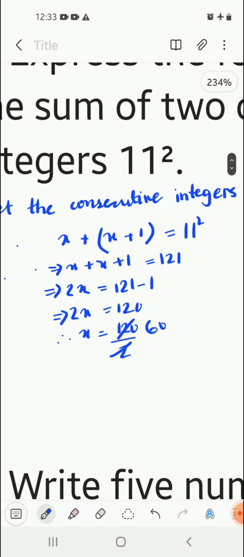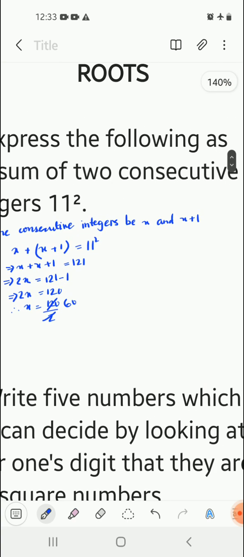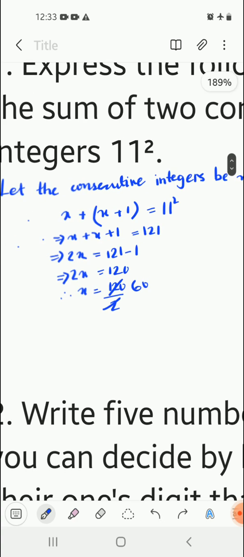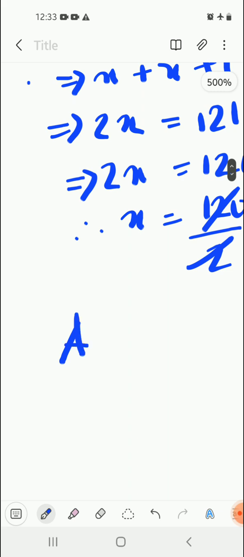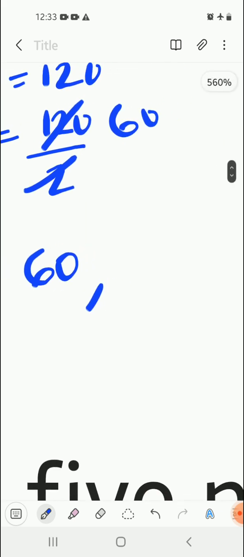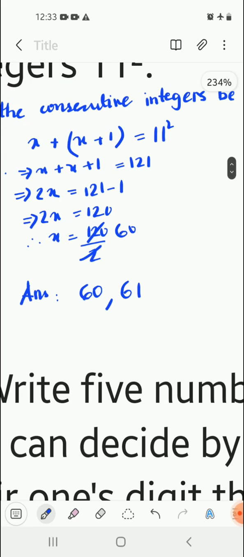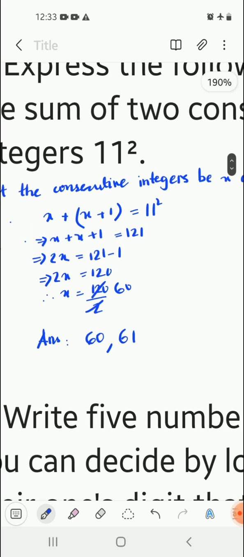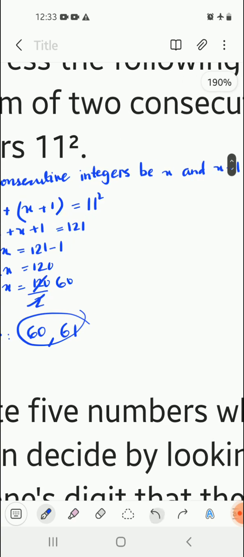So the first number is 60 and the second number is x plus 1, so x plus 1 becomes 61. So my answer will be x, the first number, which is 60, and x plus 1, that is 61. You see 60 and 61, if you add these two numbers it will be 121.